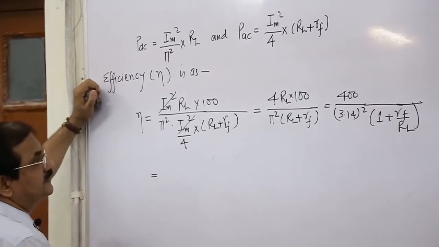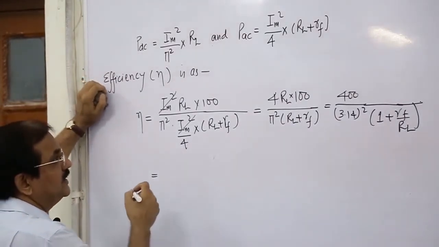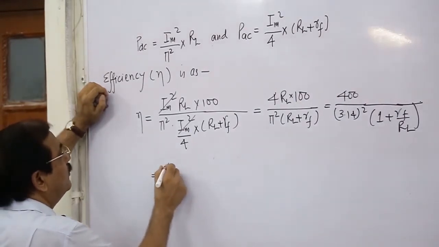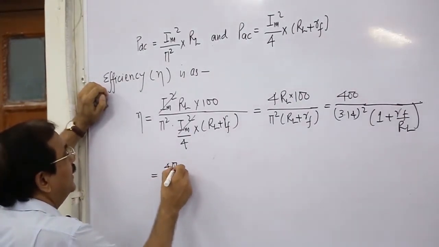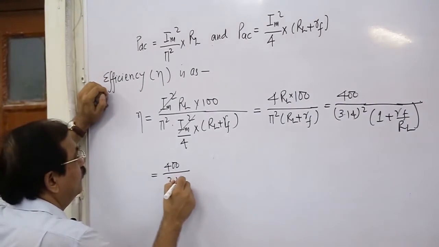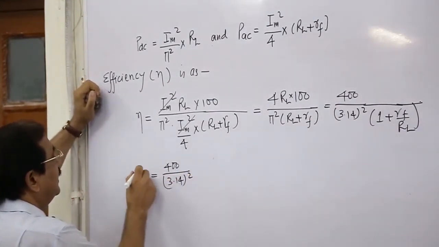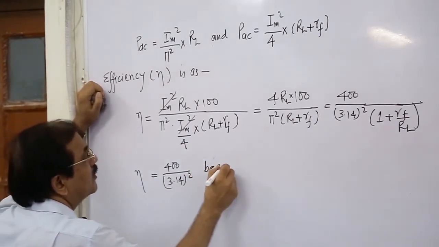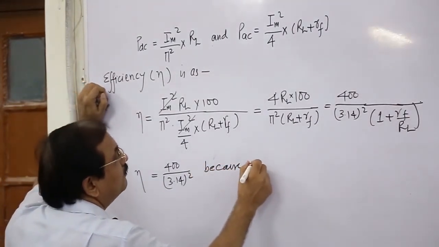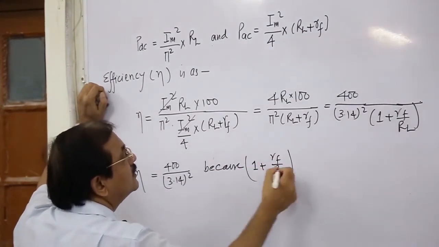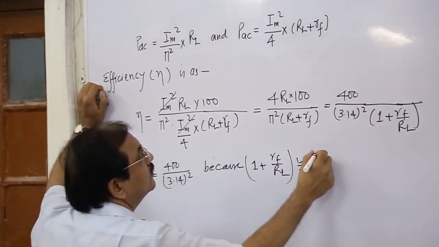If you say this value is 400 upon 3.14 whole square, eta, because 1 plus RF by RL is approximately equal to 1.